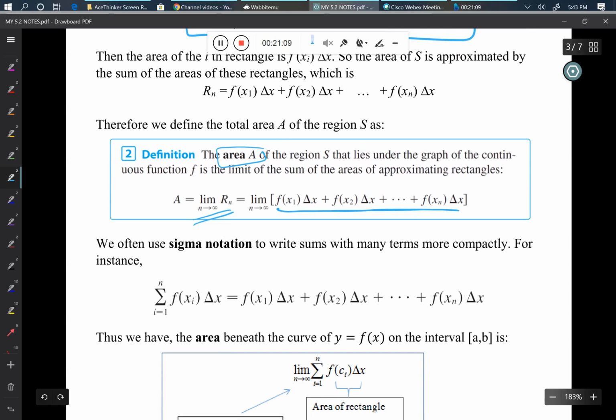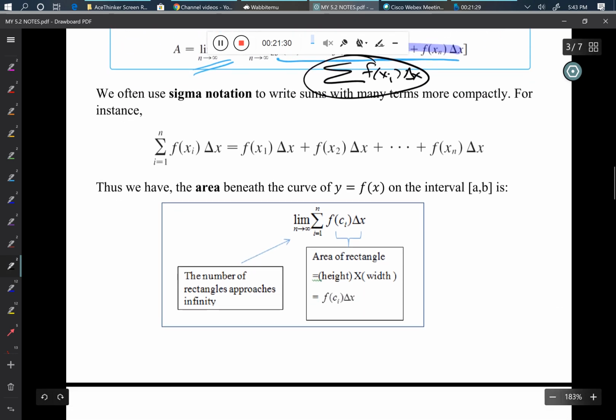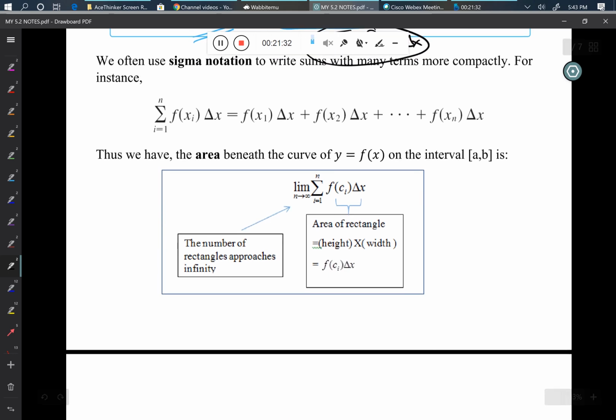So we're going to rewrite this part of the problem as a summation, and then we can take the limit of the sum. We're saying that the limit of the summation is going to give us the actual area if we take the limit as n approaches infinity.